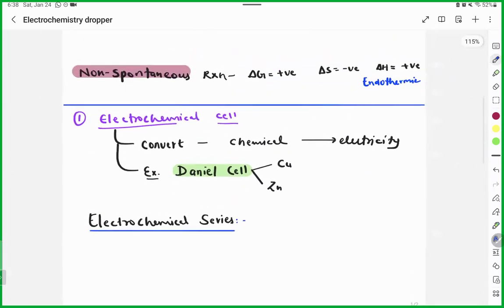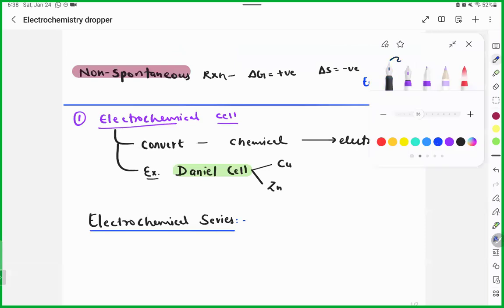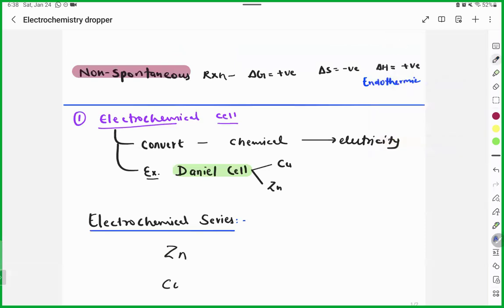Example, if you see this series, zinc and copper, the reduction potential of copper will be plus 0.34 volt and zinc is minus 0.76 volt. These are the reduction potentials.